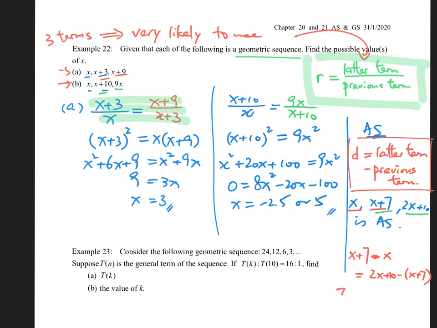As a result, on the left is 7, while on the right is x plus 3. That means x is 4. So this is another way which demonstrates the idea about how you can make use of common ratio first, and common difference, in order to find the unknown in questions about GS and AS respectively.